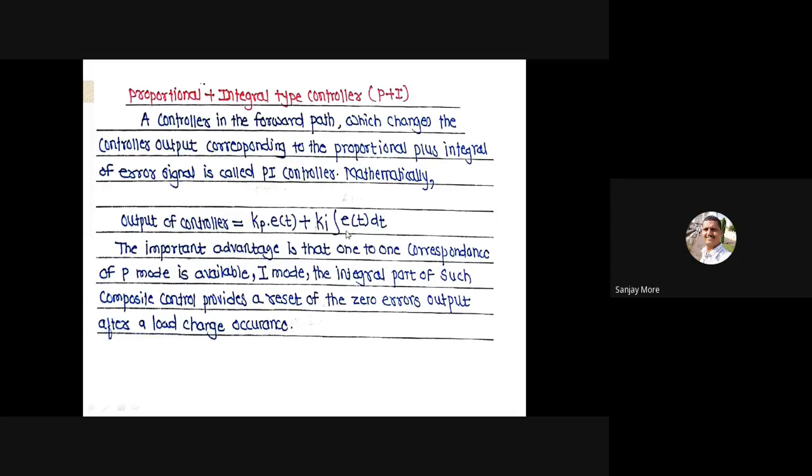This is the combination of the proportional plus integral type controller. The important advantage is that the one-to-one correspondence of the P mode is available, and the integral part of such a composite control provides a reset of zero error output after a load change occurs.